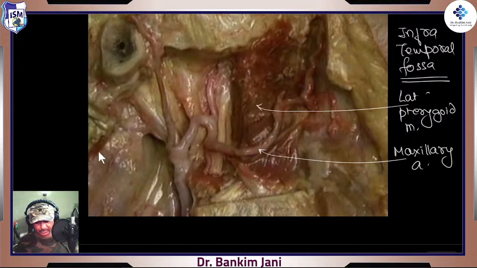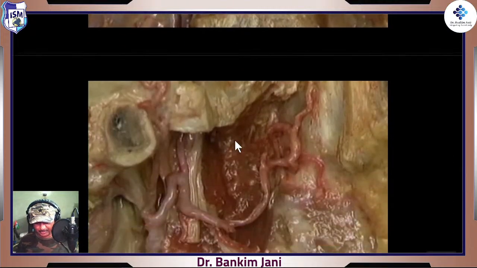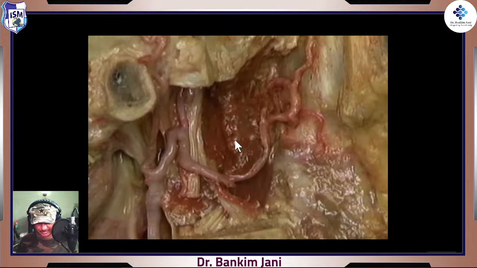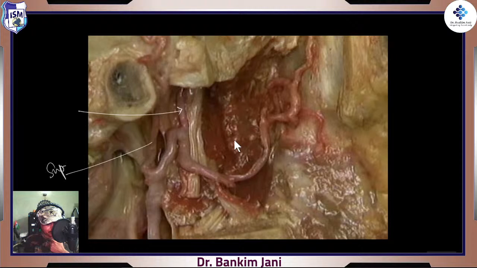Okay, so here our focus is on the middle meningeal and the maxillary artery, and see how it is spreading at so many places. I hope you are oriented properly. This was the superficial temporal going up all the way.